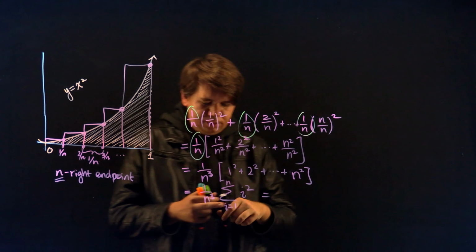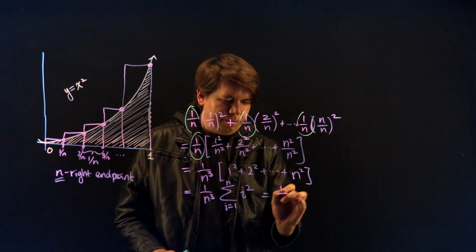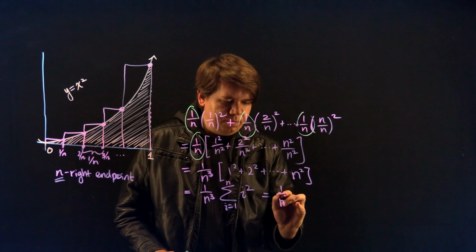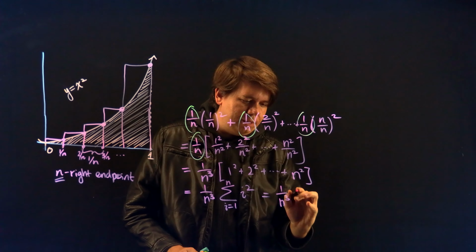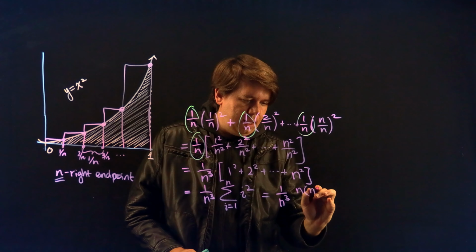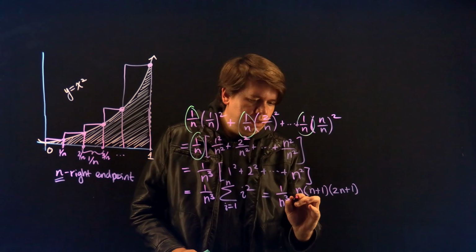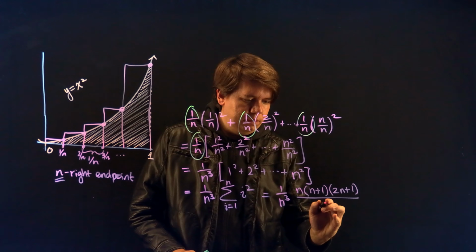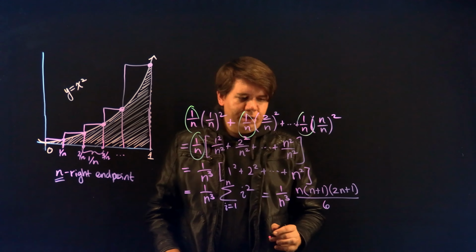Our summation formula says that this sum just comes out to be, do you remember it? The sum of n came out to be n times n plus 1 over 2. The sum of n squared came out to be n times n plus 1 times 2n plus 1 all over 6.